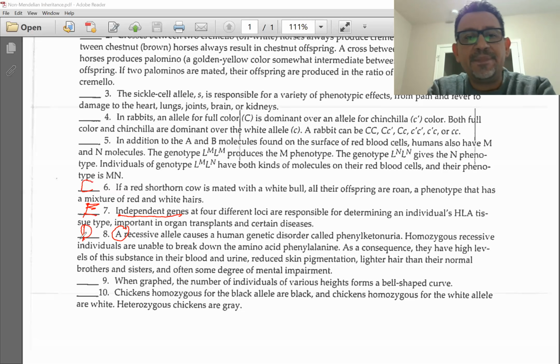We're going to number 9. When graphed, the number of individuals of various heights forms a bell-shaped curve. This bell-shaped curve as a distribution of phenotypes is exactly what you see with continuous characteristics. Like height, skin color also shows a bell-shaped curve.